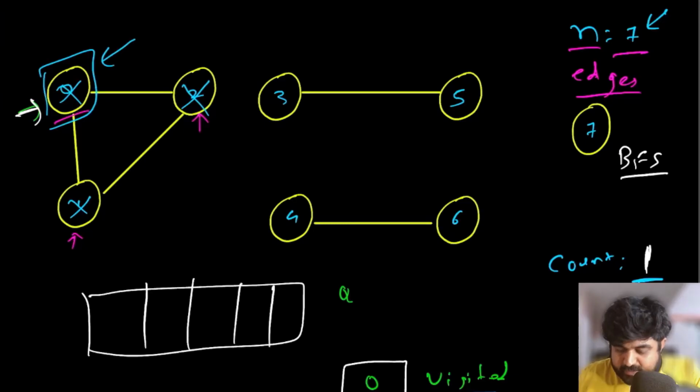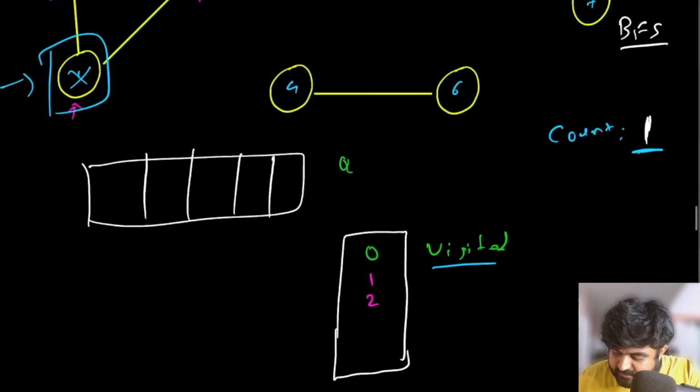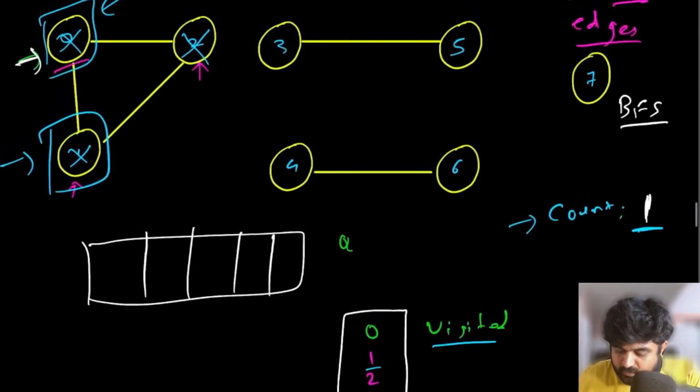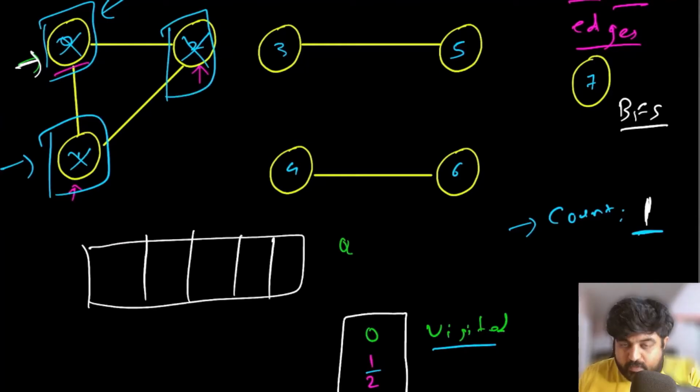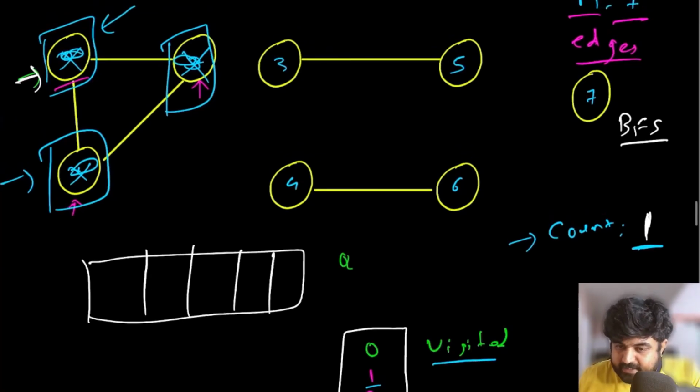Initially we started with 0, so we got rid of it. Let's just start with 1. Again for 1, since 1 has already been visited, we do not need to increase the counter and move on to the next value. Again 2 has also been visited, so we do not need to increase the counter and move on to the next value. So this entire connected component has been taken care of.